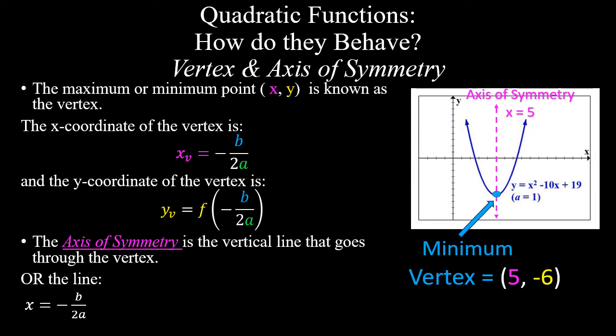So if we want to cut it in half, of course our line has to go through it. So if you know the vertex, you also know the axis of symmetry. Whatever x value you get for your vertex, your axis of symmetry is just that line. Here we got 5 for the x value of our vertex, so our axis of symmetry is x equals 5. It's the line going through that point.